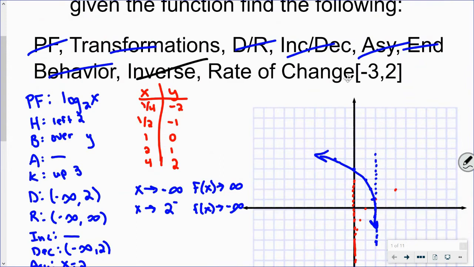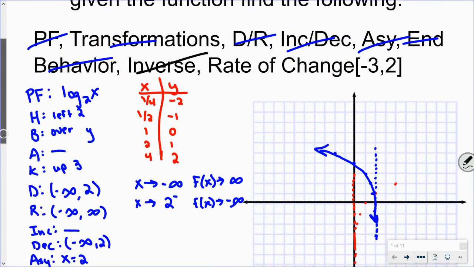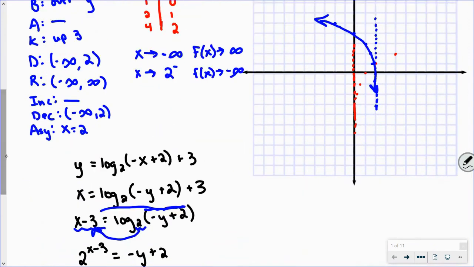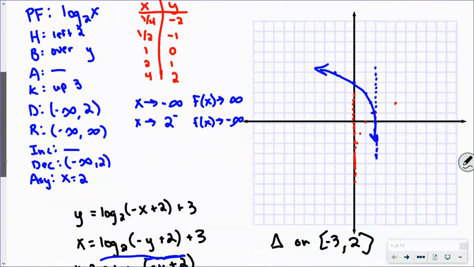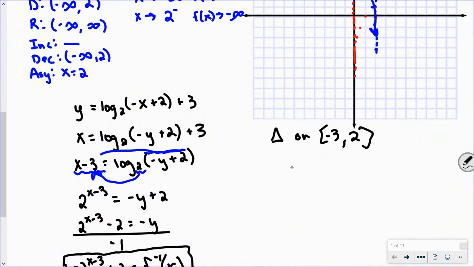Okay, now we need the rate of change from negative 3 to 2. And that's the rate of change of your original function. So remember, to find average rate of change on negative 3 to 2, we need f of 2 minus f of negative 3 over 2 minus negative 3.